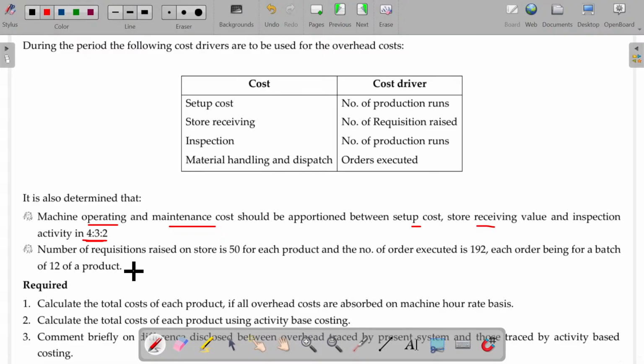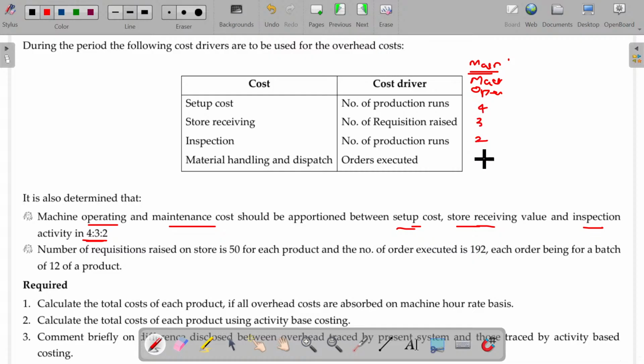So, machine operation and maintenance costs are apportioned between setup cost, stores receiving and inspection in the ratio of 4:3:2.